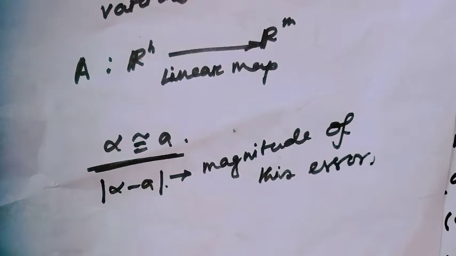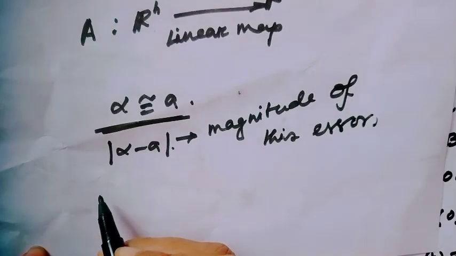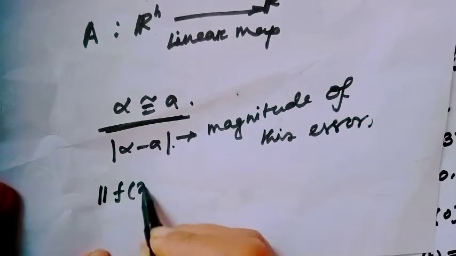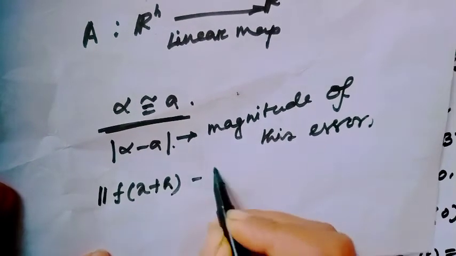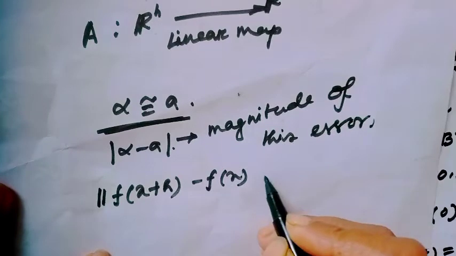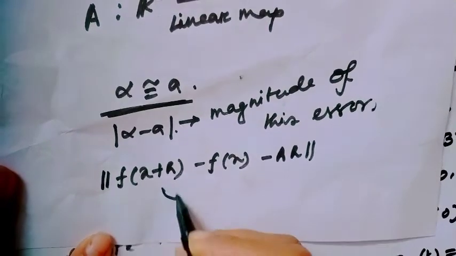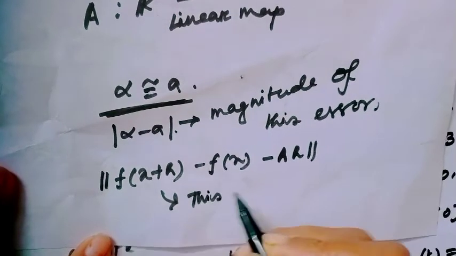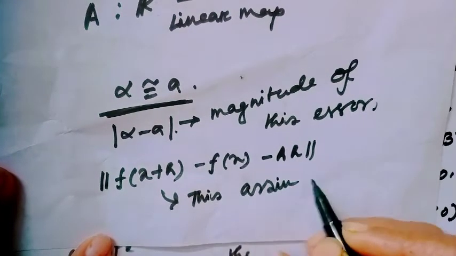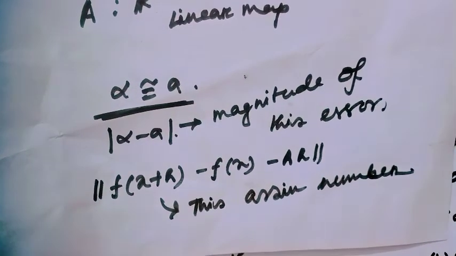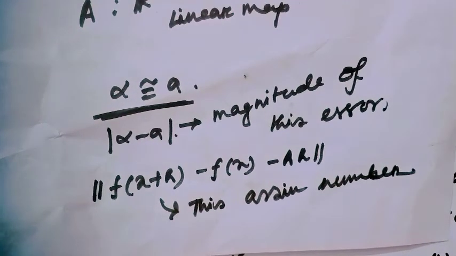So for this just put the norm on both sides. That means the norm of f of x plus h minus f of x minus Ah assigns a number, which is actually the error of this differentiation.